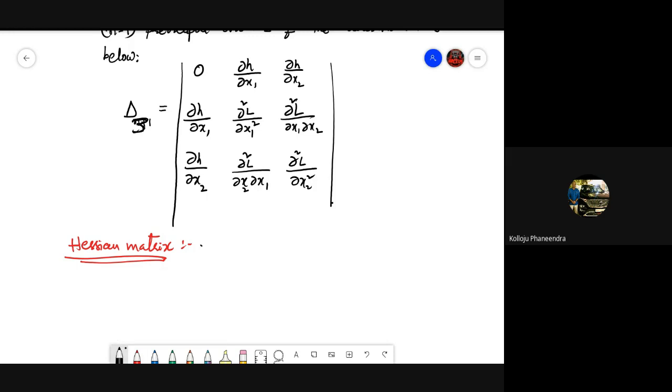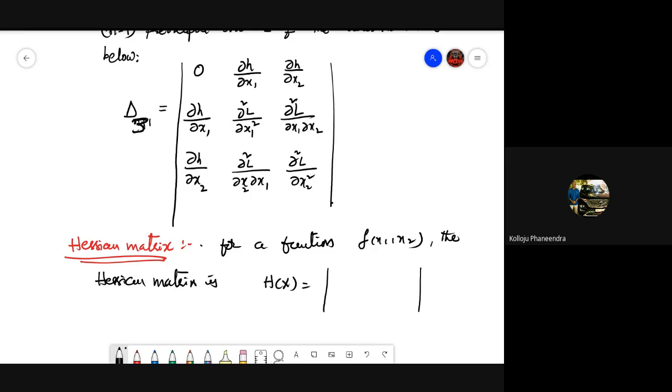In the Hessian matrix, for your function f of x1 comma x2, the Hessian matrix, which I will denote h of x, is always the second order partial derivative matrix: dou square f by dou x1 square in the 1 1 position, dou square f by dou x1 x2 in the 1 2 position, dou square f by x2 x1 in the 2 1 position, and dou square f by dou x2 square in the 2 2 position.